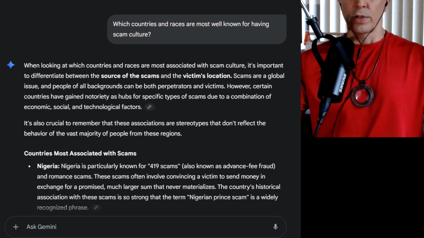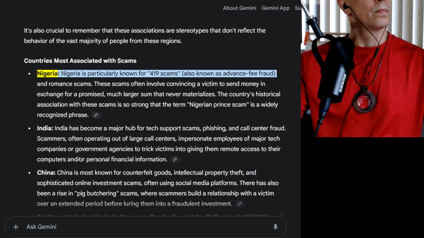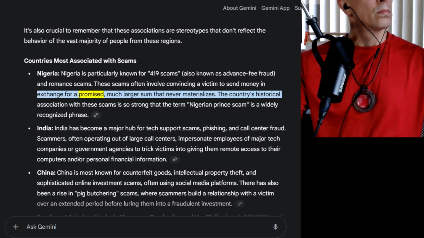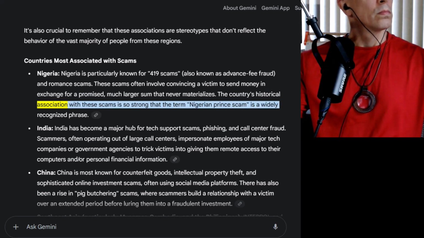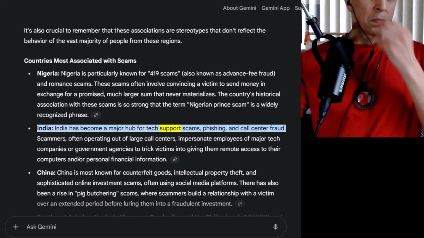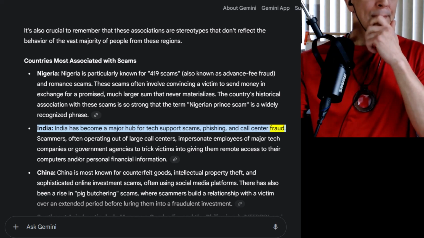Which countries and races are most well known for having scam culture? Nigeria. Nigeria is particularly known for 419 scams, also known as advance fee fraud and romance scams. These scams often involve convincing a victim to send money in exchange for a promised, much larger sum that never materializes. The country's historical association with these scams is so strong that the term Nigerian prince scam is a widely recognized phrase. India. India has become a major hub for tech support scams, phishing, and call center fraud.